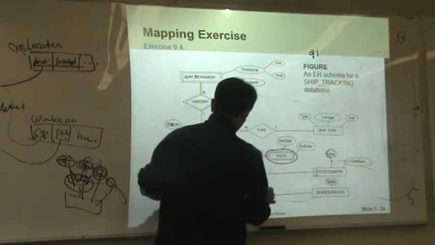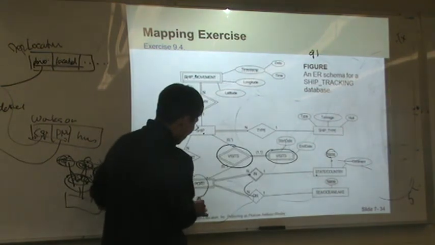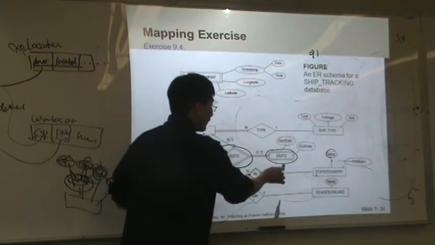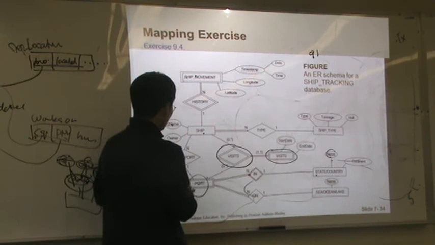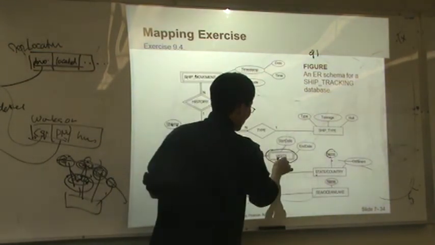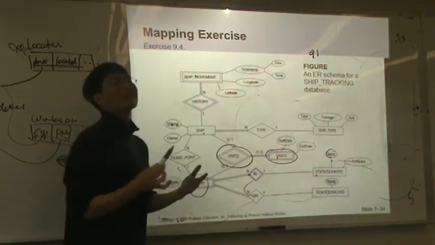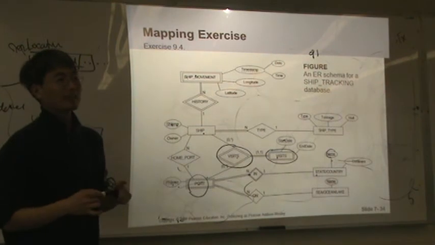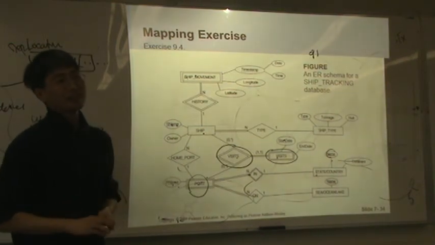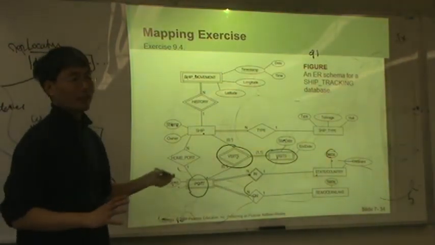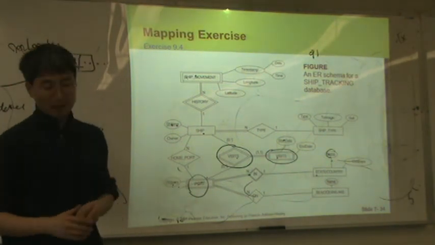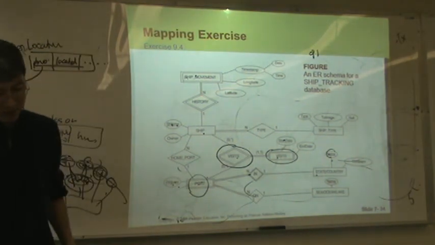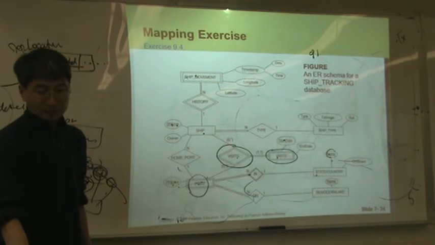So name plus P name is the primary key of part. Then name, P name, S name plus start date will be the primary key. Something like that. This is very complicated. Okay. But let's try. If you can solve this problem, pretty much it's okay. Converting to schema. Yes.